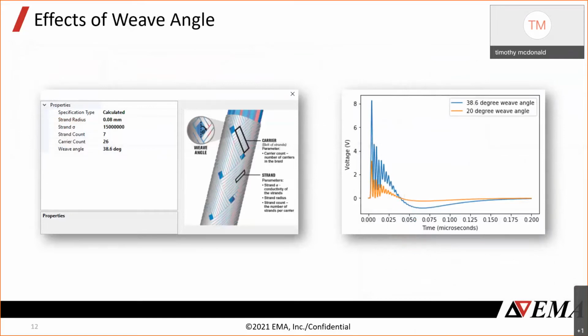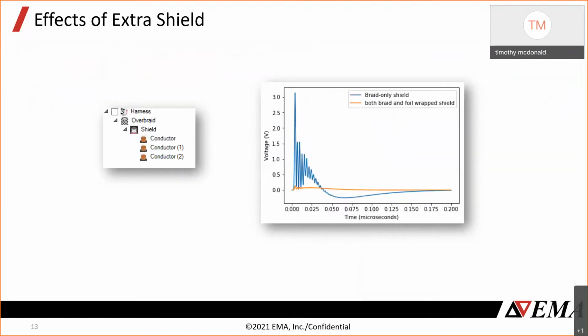We can adjust our shielding. So there's built-in models for the presence of foils and braided shields, and we can adjust details like the strands per carrier, carriers in the cable, weave angle, or we can adjust the thickness of the foil that we use and other parameters and quickly see the effects on the induced voltage of our device.